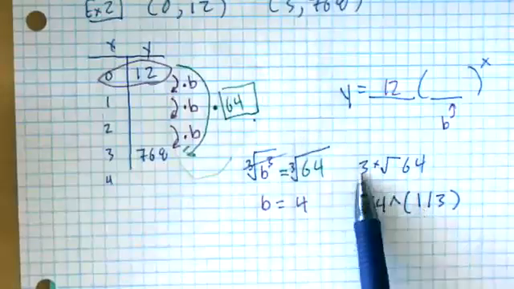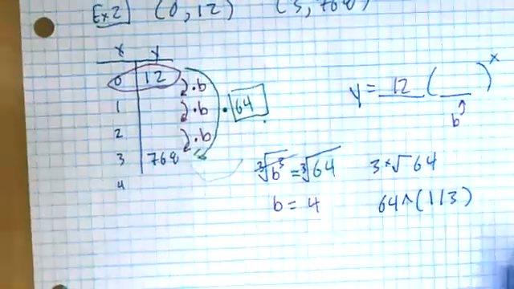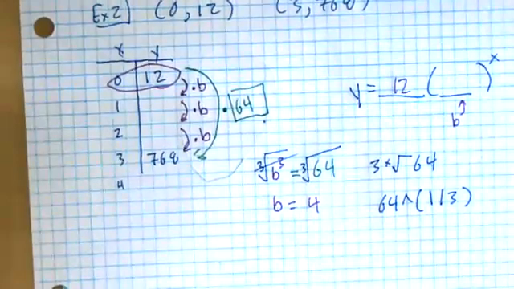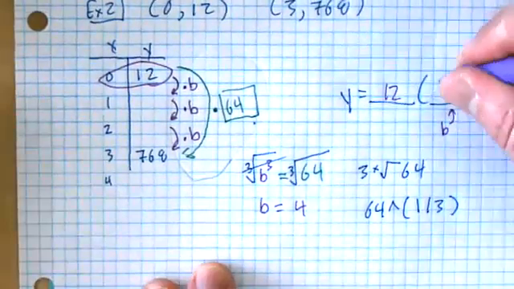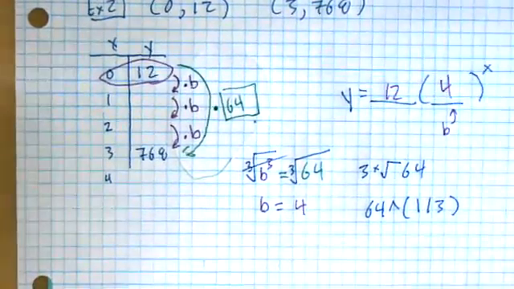So if it was a third root, you do 1/3. If it was a fourth root, you do 1/4. That works also. Try that on yours, Hayden, and see if that gets you 4. It should. Yeah. It works. Okay. So we got 4 for b. Boom. And we got our equation. Questions?